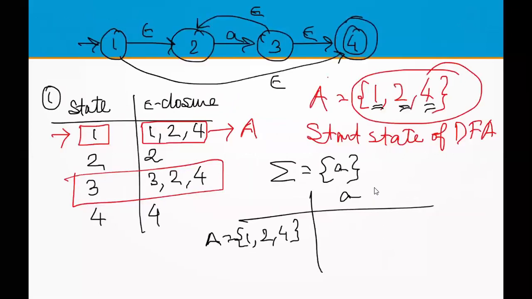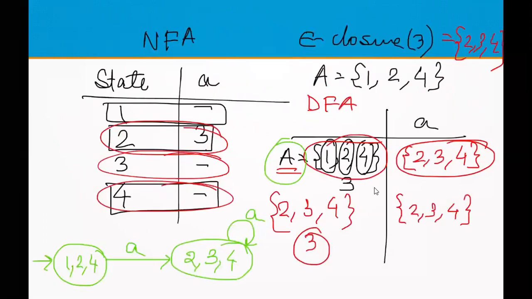So our NFA final state was 4 here. So in our DFA, our final state is contained in both of these. So both of these two will be our final states. 4 is our final state in the NFA, so both the states 1, 2, 4 and 2, 3, 4 contain the state 4.